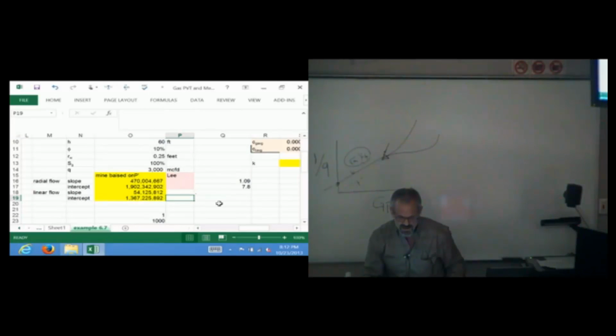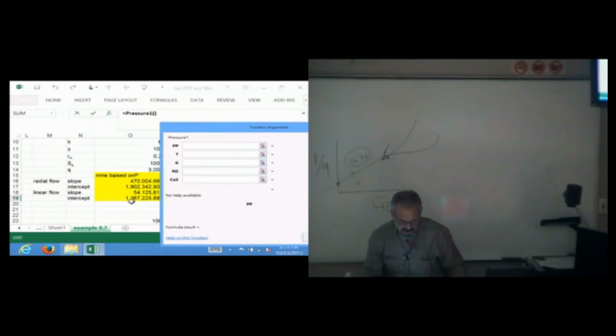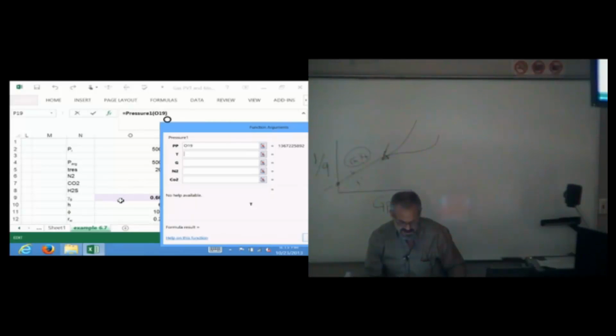Let's see what pseudo pressure that is. Equals pressure 1, that's pseudo pressure at this reservoir temperature, this gas gravity, that nitrogen, that CO2, and that H2S.